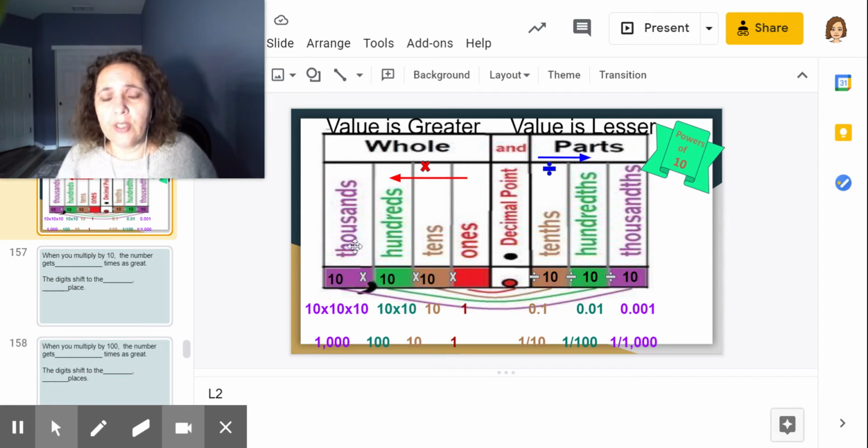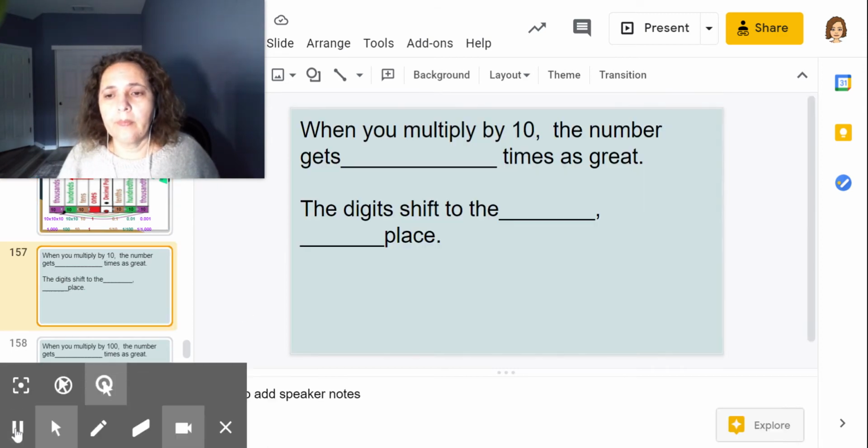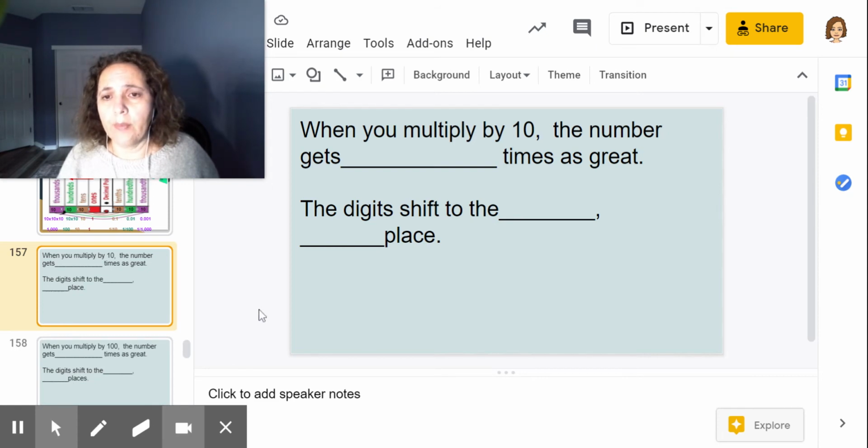If I move to the thousands, I'm increasing it by another 10. Notice here I have 3 tens now instead of the 2, and 2 instead of the 1. So each time I move over, it increases by 10. And I'm moving to the left, 1 time each time, right?